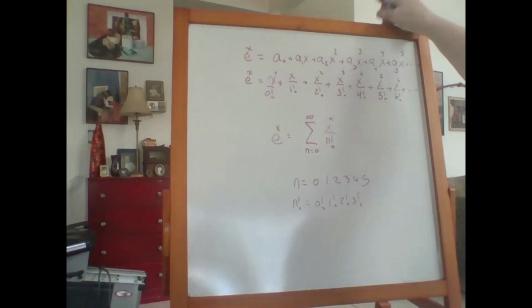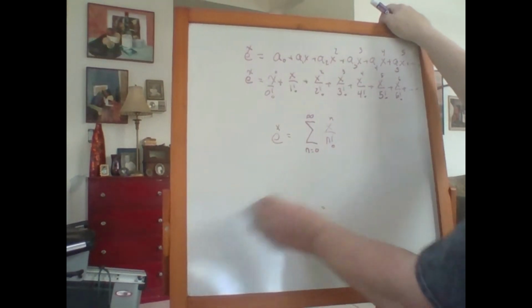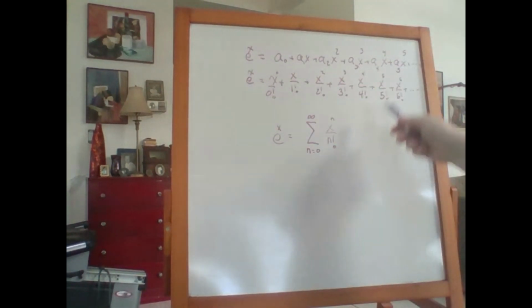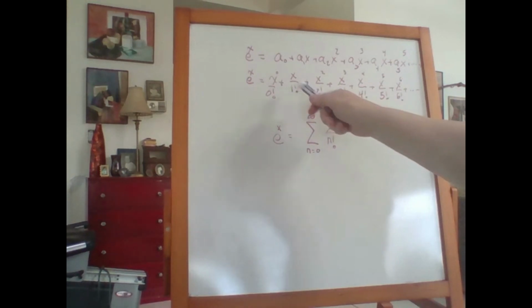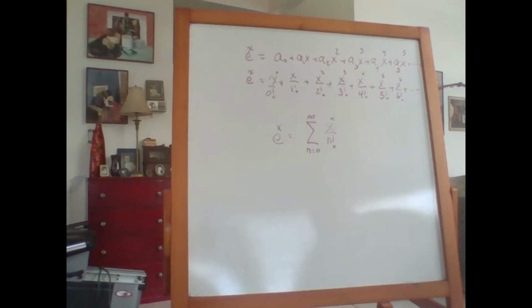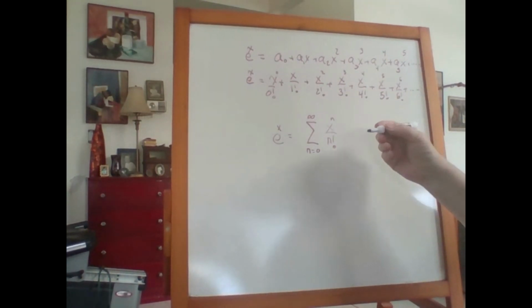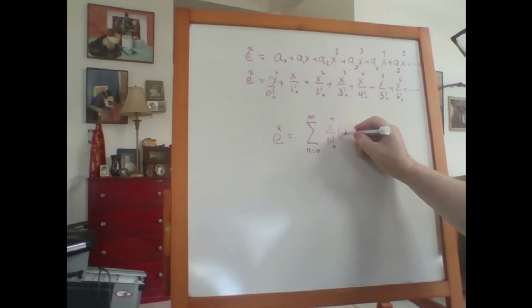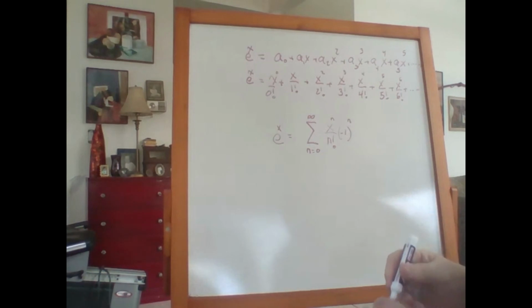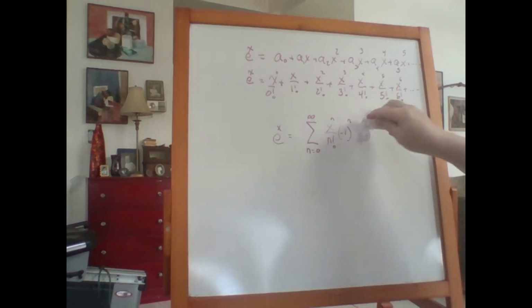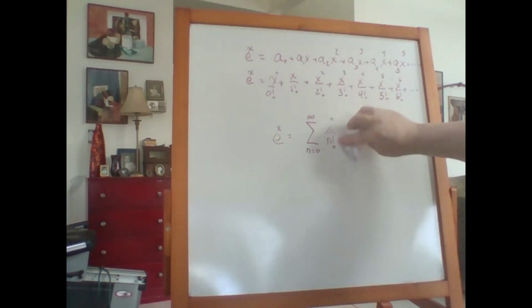So we have a nice compact form, and everything is positive. See? So there's no need to have a term in here for negative 1 to the n.